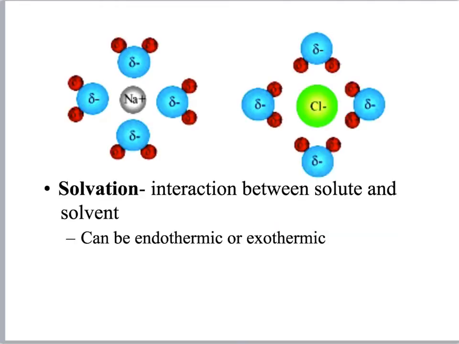The process of the solute dissolving in the solvent is what we call solvation. This can either be endothermic or exothermic, depending on what's being dissolved in the water. Mixing sulfuric acid with water gets very, very warm; it's very exothermic.